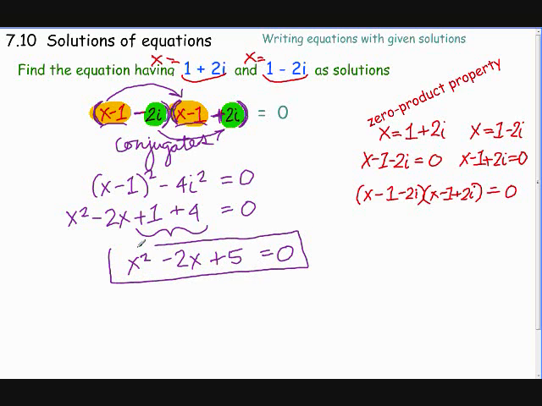Voila! There is the equation which has for its solutions 1 plus 2i and 1 minus 2i. Isn't that cool? We can know the given solutions and then work backwards to find out what the equation is.